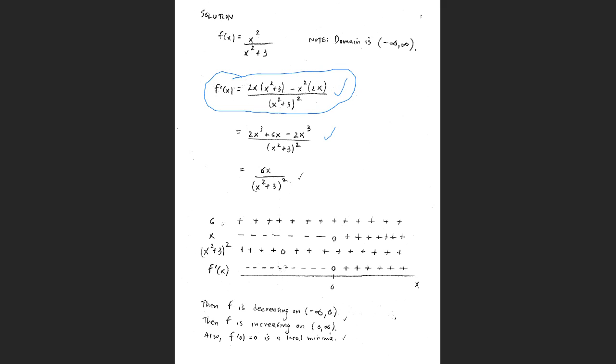I'm going to distribute the 2x here and here. And so it turns out then that after I combine like terms in the numerator, f prime of x, the first derivative, is equal to 6x over (x squared plus 3) quantity squared.